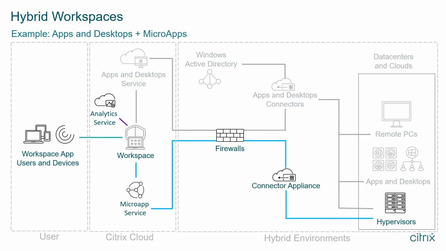And what we're going to do here, based on our use case, based on the demo that we just saw a few minutes ago, we're going to plug in micro apps into this equation. And we will need a Citrix Connect appliance because in this particular case, we're using Citrix hypervisor that's on-prem.